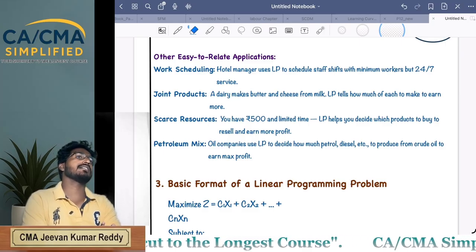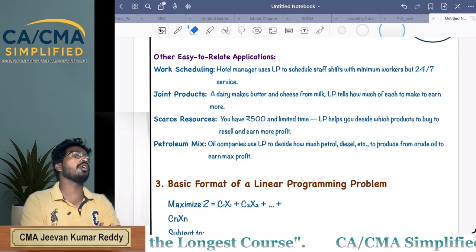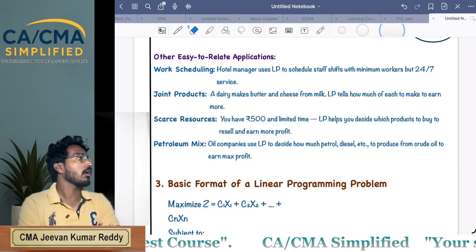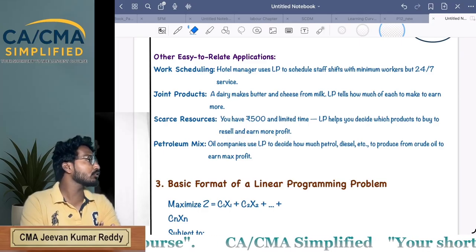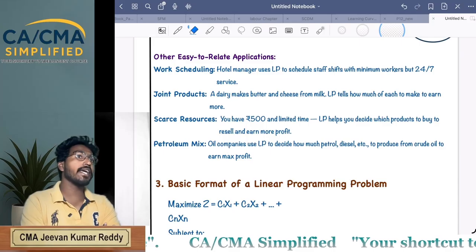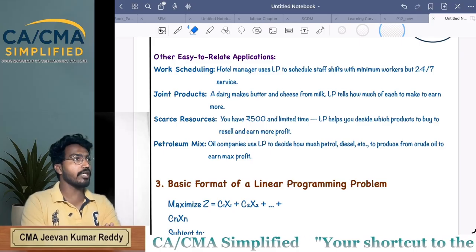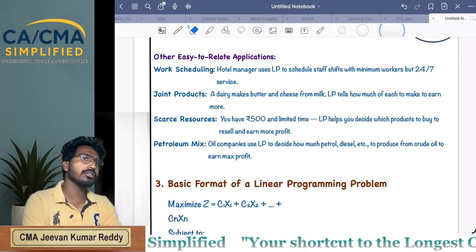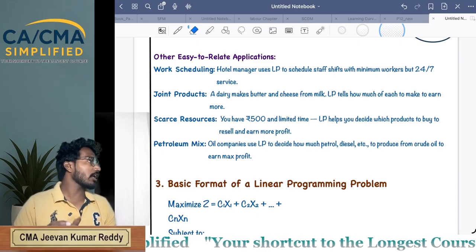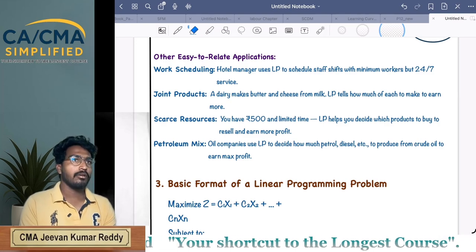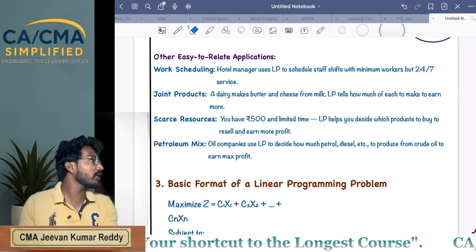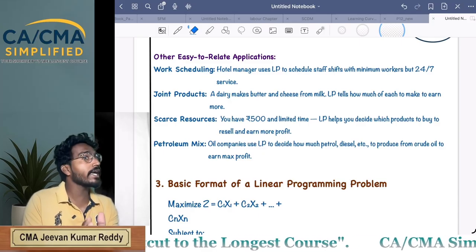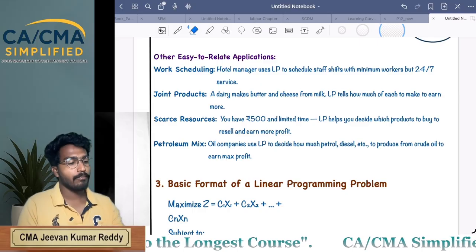Now Heritage will decide how much milk to use for making cheese and how much milk to use for making butter, to get maximum profit and minimum use of milk. What is our resource? Milk only. What is our raw material? Milk. With limited usage of milk, I have to produce the maximum amount of cheese and butter to get maximum profit.